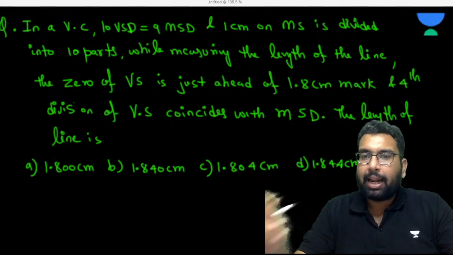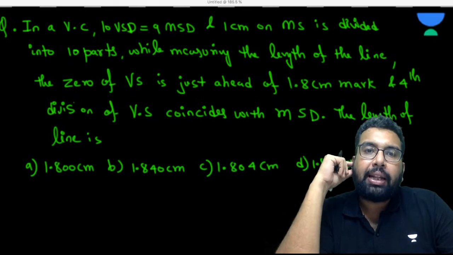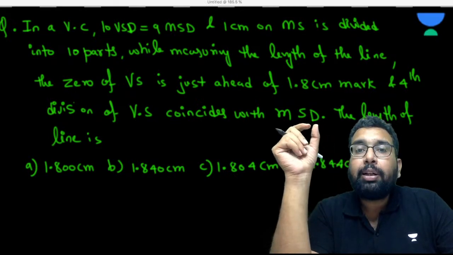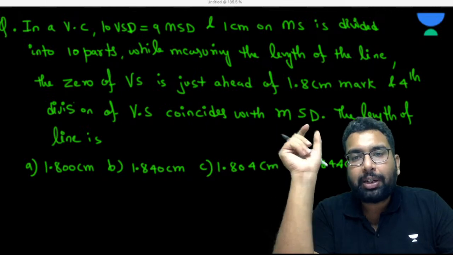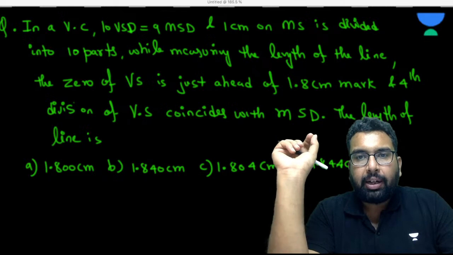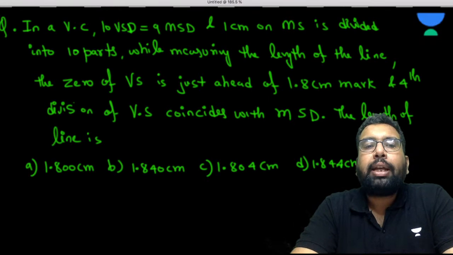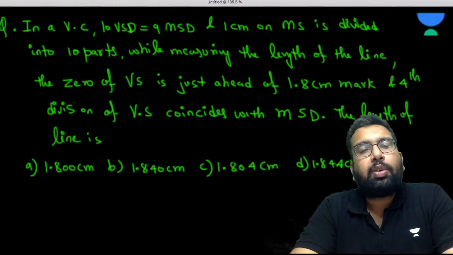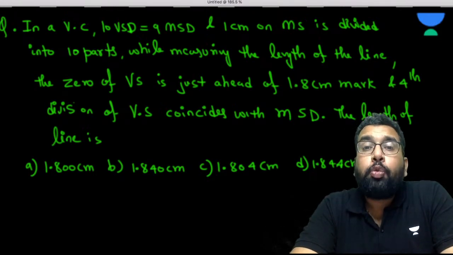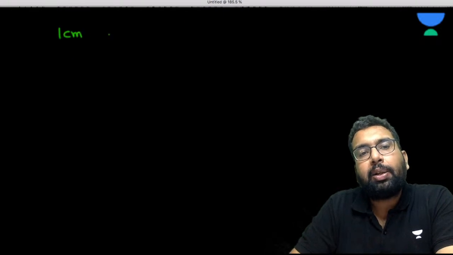Let's understand this language first. So in a Vernier caliper, 10 VSD is equal to 9 MSD. And 1 centimeter on the main scale is divided into 10 parts, into 10 divisions.